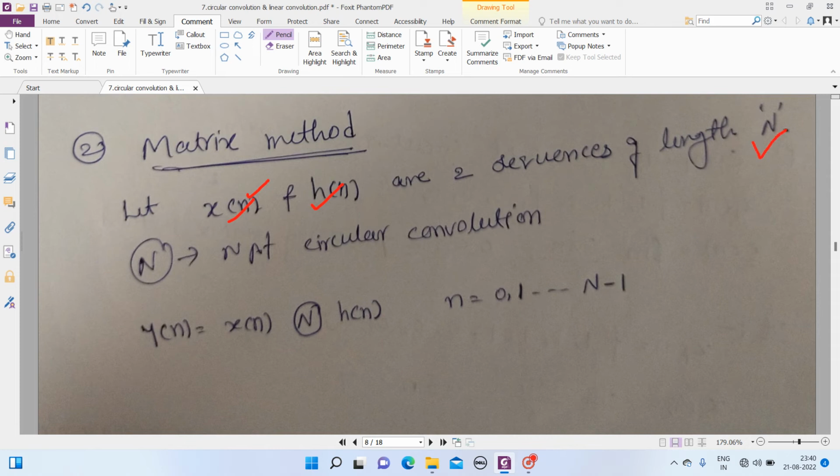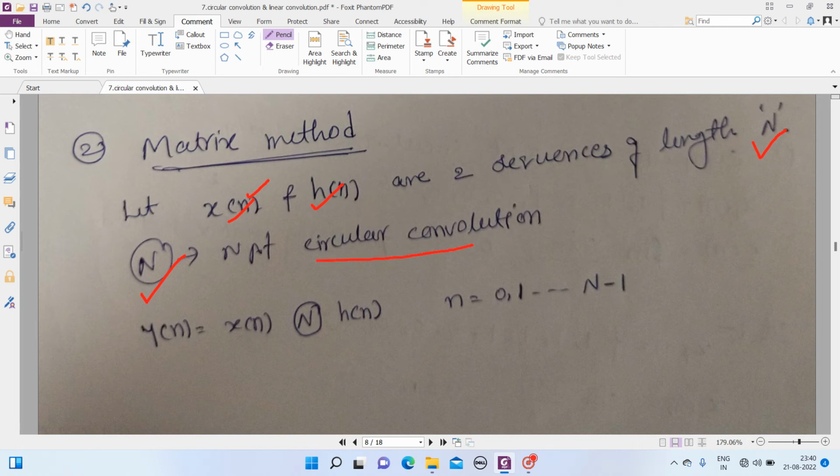Usually you know very well the representation of N-point circular convolution. The symbolic representation is to denote capital N inside the circle. N represents N-point. Here it is an N-point circular convolution.